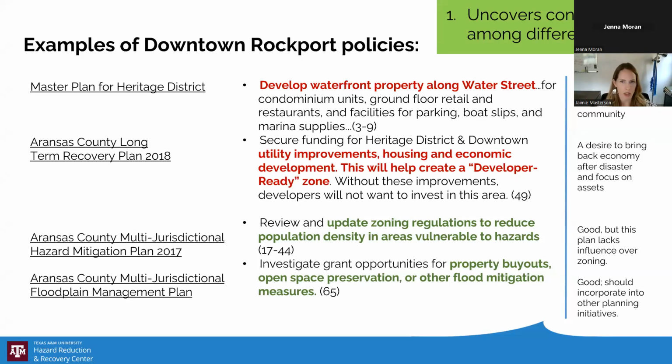Well, you could imagine that Water Street is on the water and it floods. In fact, they get sunny day, high tide flooding because it backs up in their sewer. And they have some of the highest sea level rise projections for the Texas coast.